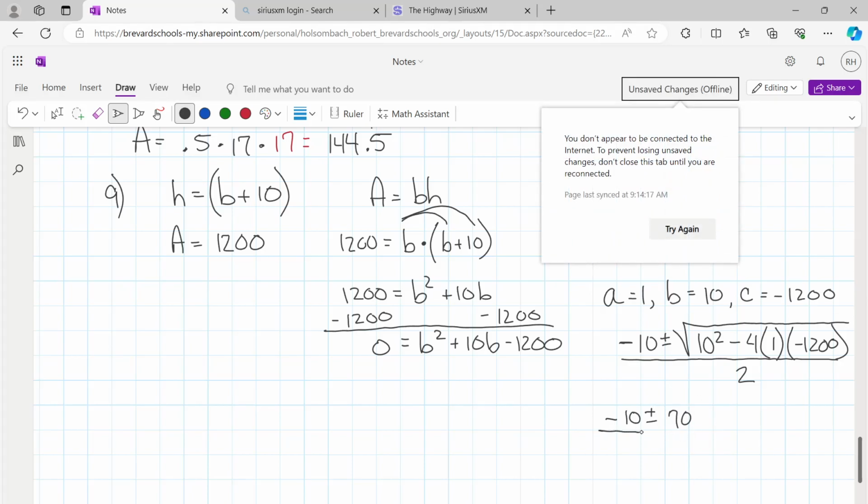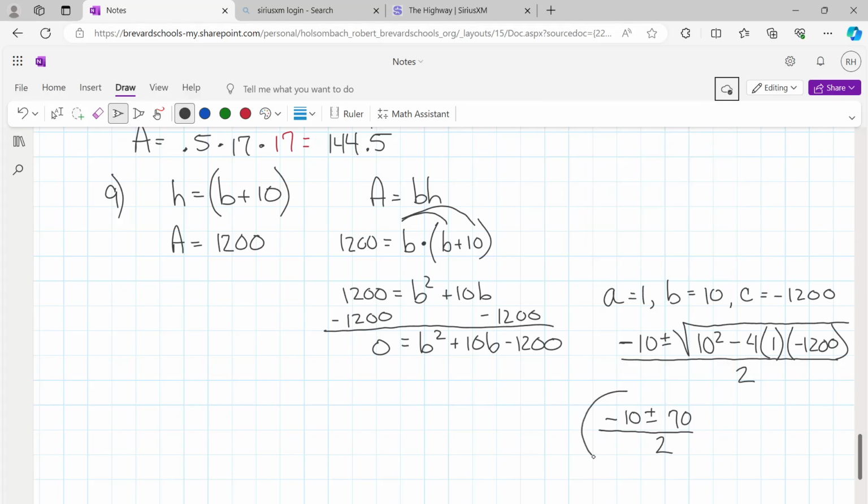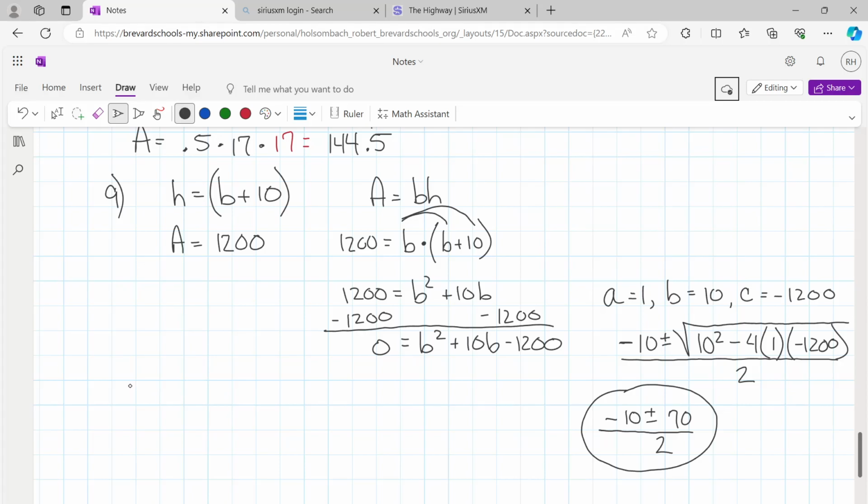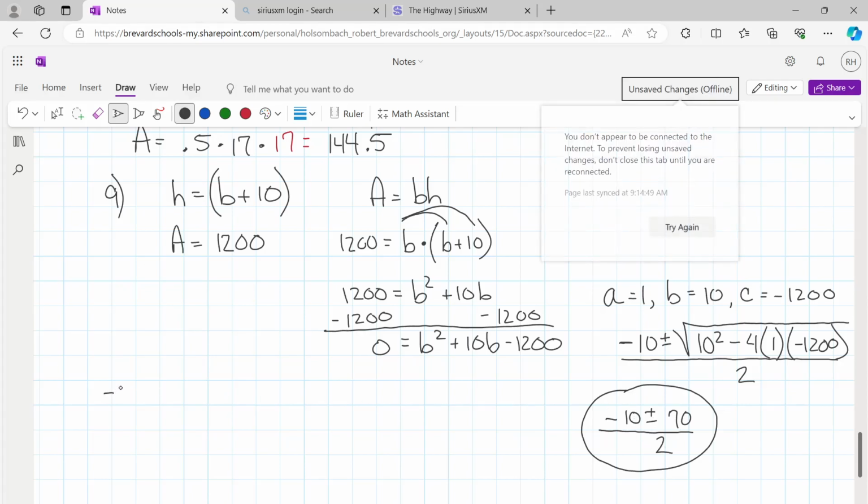And all of that is over 2. So these are our two possible values for b in this trinomial. So we're going to solve both of these. We've got negative 10 plus 70 divided by 2, and negative 10 minus 70 divided by 2.